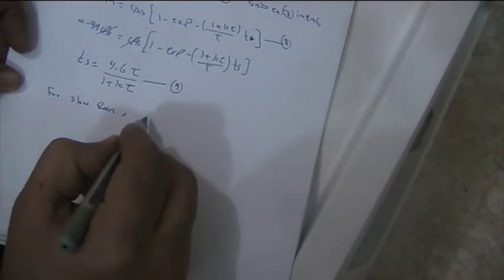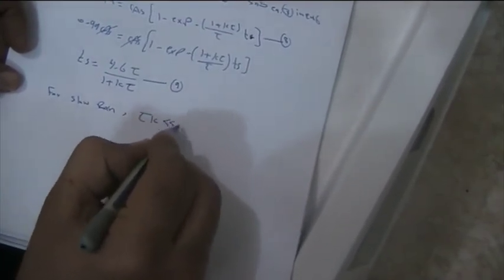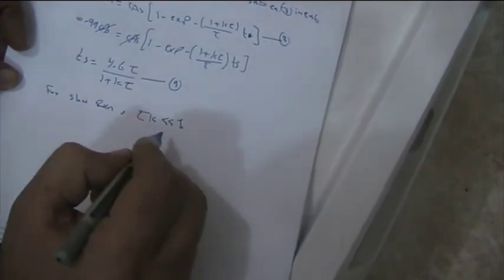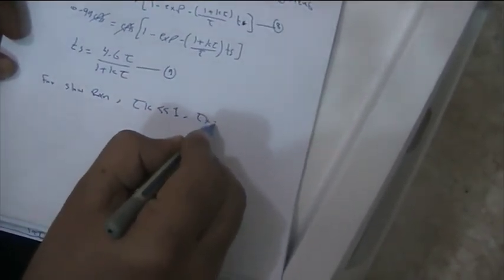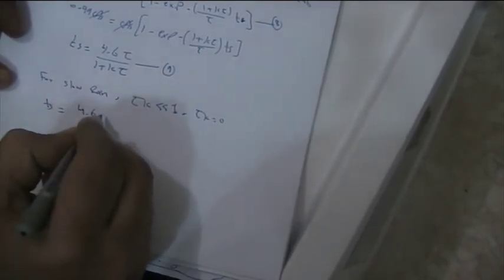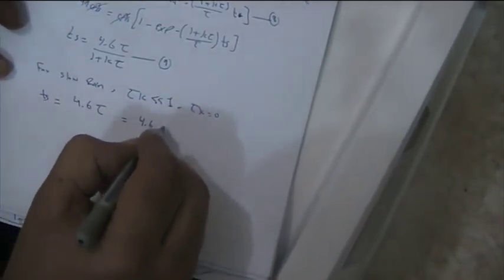Now, if tau k is less than 1, which means, let us say, slow reactions, or take tau k equal to 0 compared with 1, so Ts will be equal to 4.6 tau, and we know that's 4.6 V over V naught.